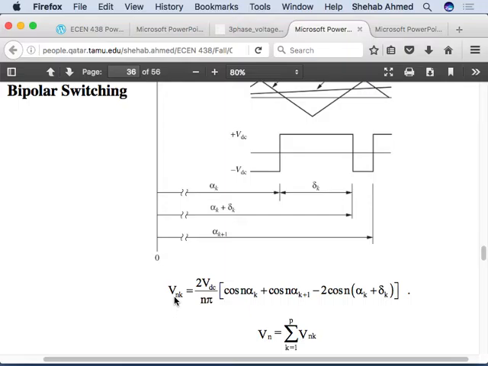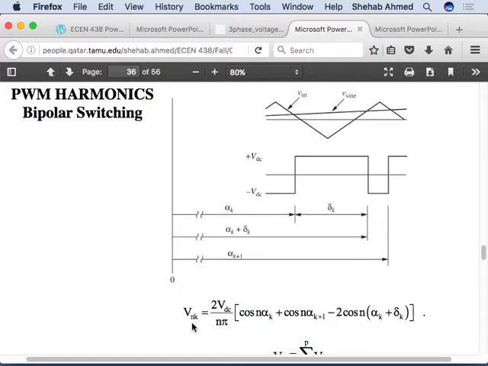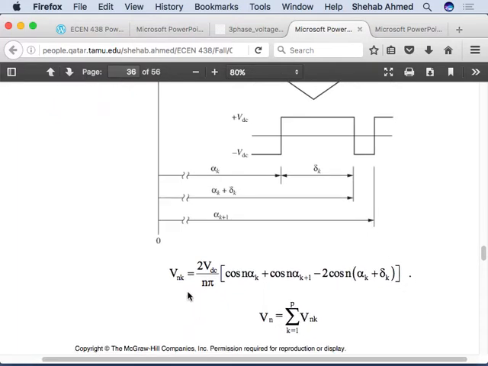Remember, from the Fourier series you can find the harmonics of a certain waveform, right? So that's what they did here. This is the Fourier series for this single pulse and how it affects the Fourier series of the total waveform. If I now take this pulse and the one next to it, and the one next to it, for the full period, I sum them up, I get the Fourier series for my waveform.